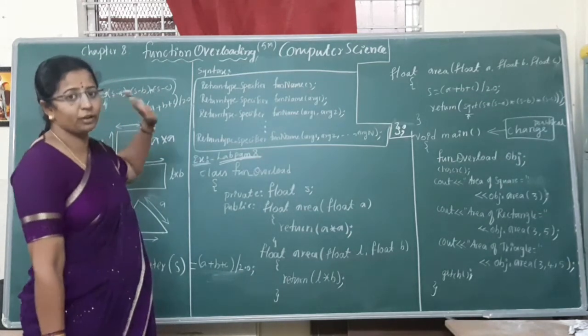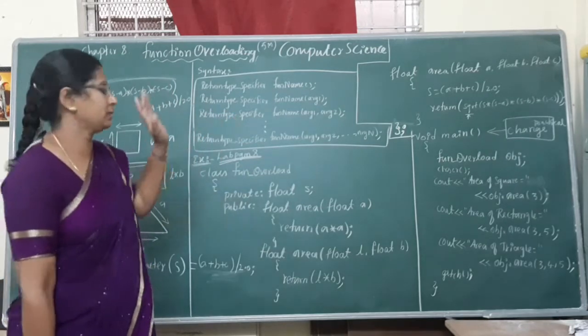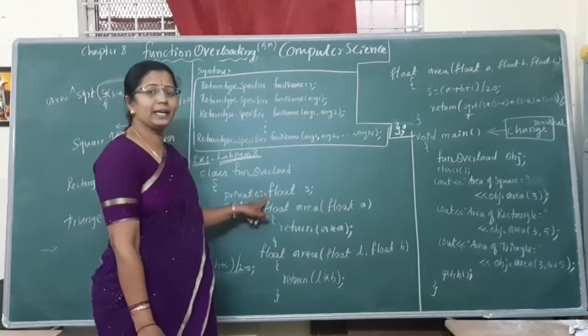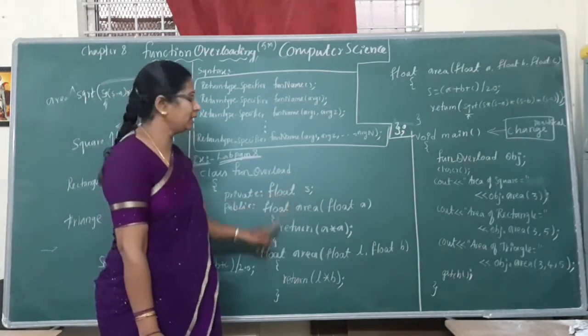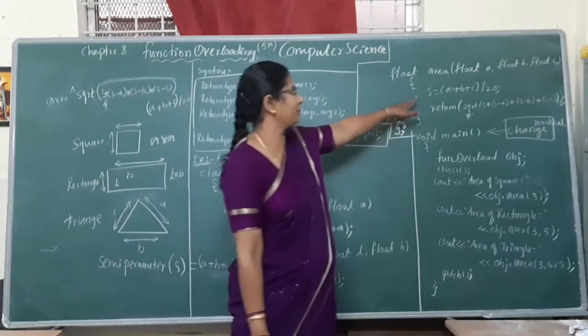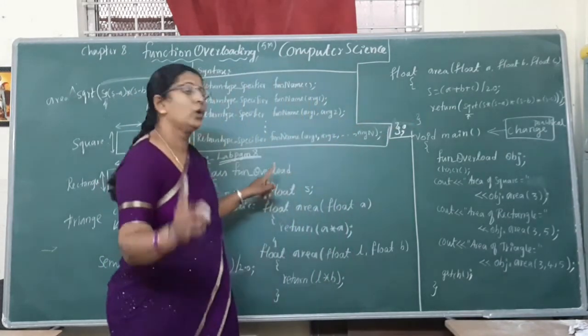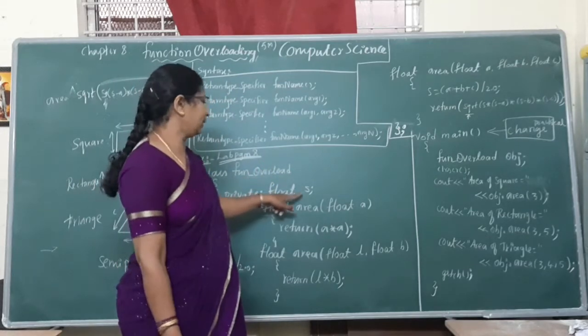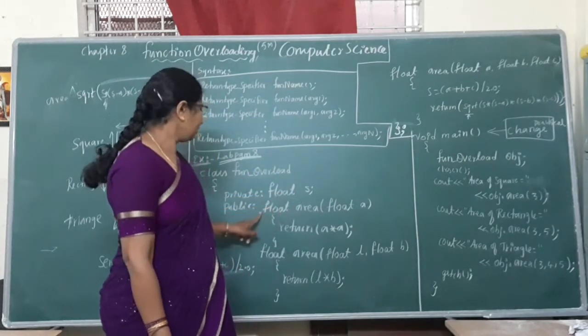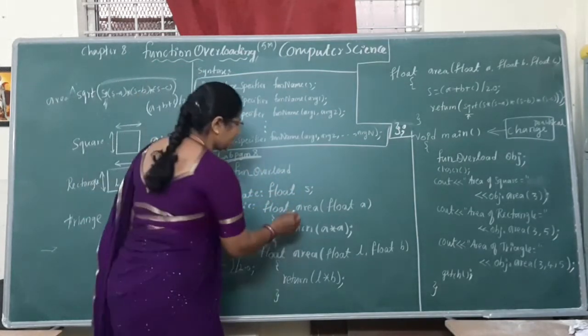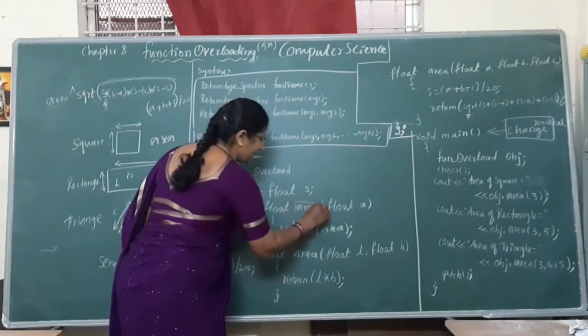Understood? This is your mathematical formula converted into C++. So I have declared S as the semi-perimeter. Internally I need to calculate the semi-perimeter, hence I have declared only one data member, that is S. Then float area.